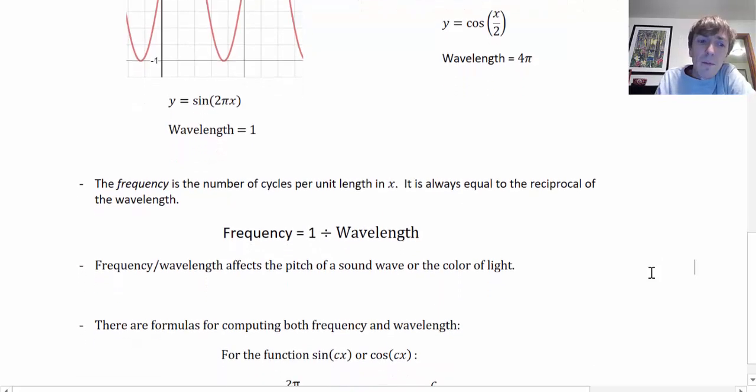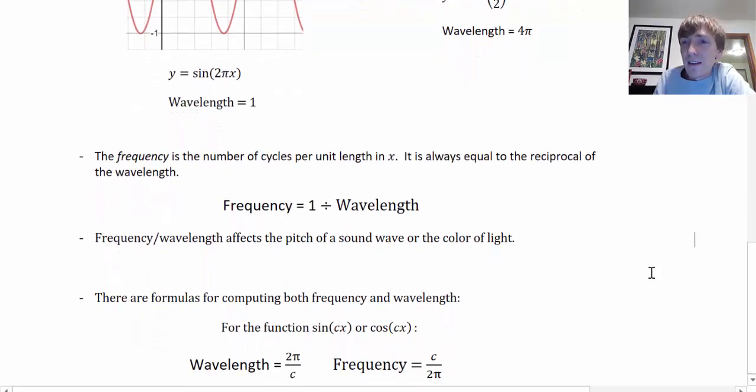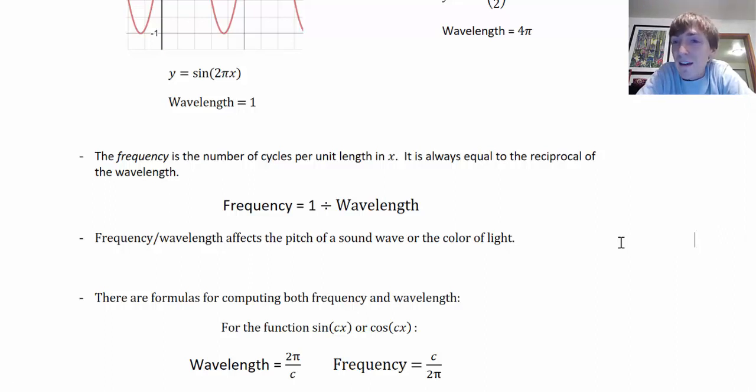Okay, there are formulas for computing these things, unsurprisingly. And I think it's good to use your intuition a lot instead of these formulas. But I'll tell you what they are. So for example, the function sine of cx, if I'm multiplying x by c, then the wavelength is equal to 2 pi divided by c. And the frequency, remember, is just the reciprocal of that.